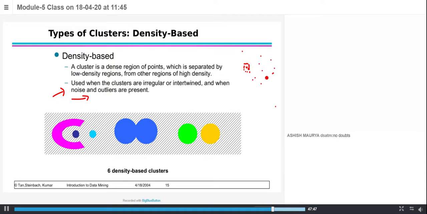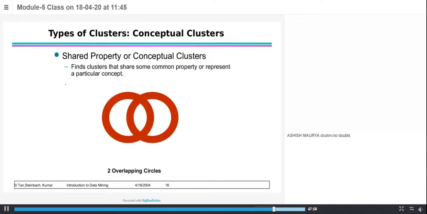That's why they are always far from the dense regions. So if we do clustering like this, we say it's a density based cluster.